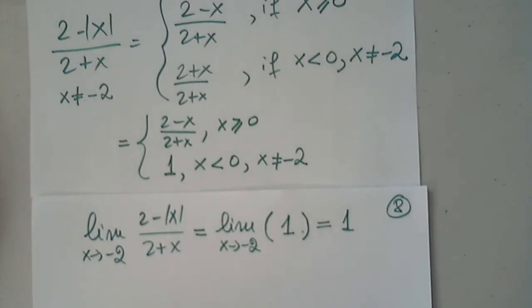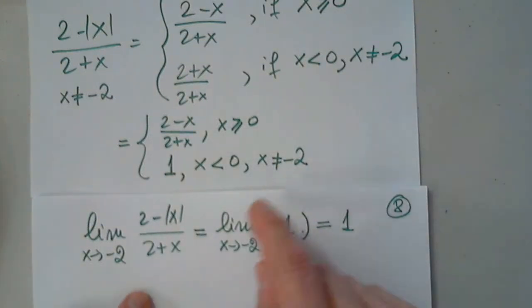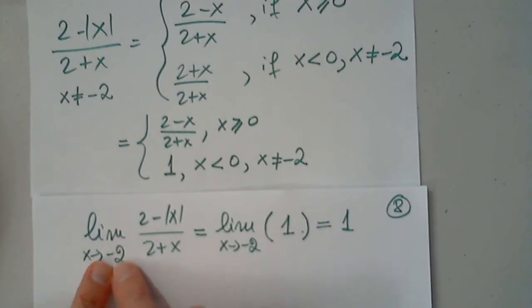Any questions? Are we okay with the absolute value? What happened to the 2 minus x over 2 plus x? Who cares? We are asked to find the limit as x approaches -2 from either side.